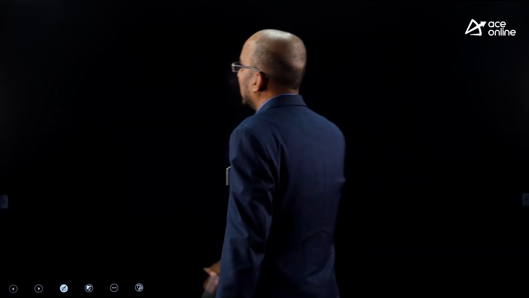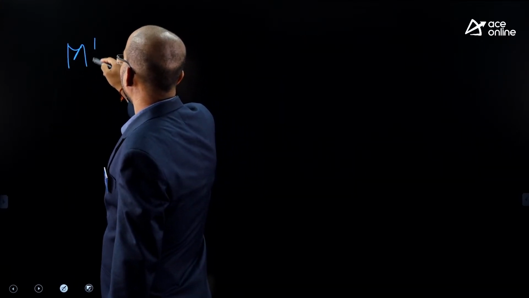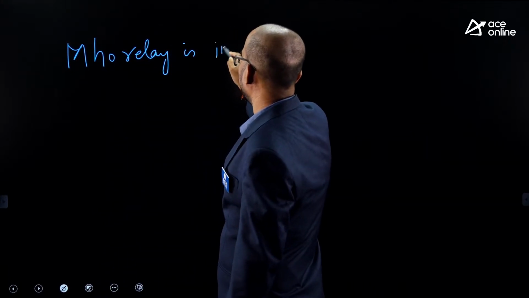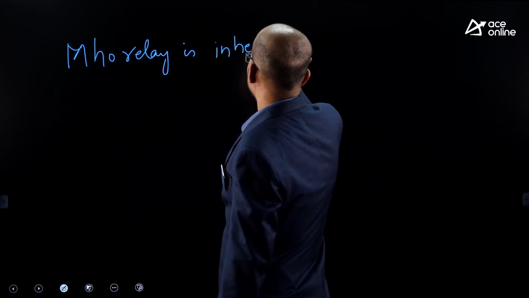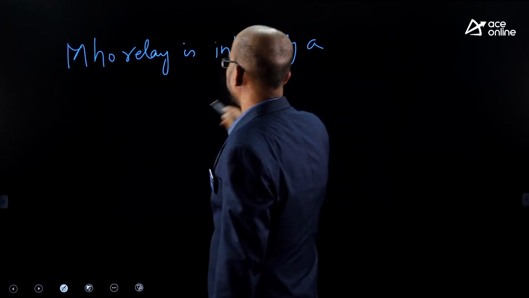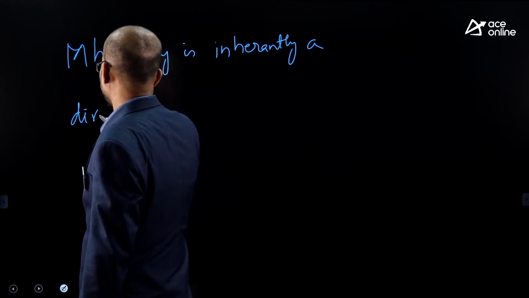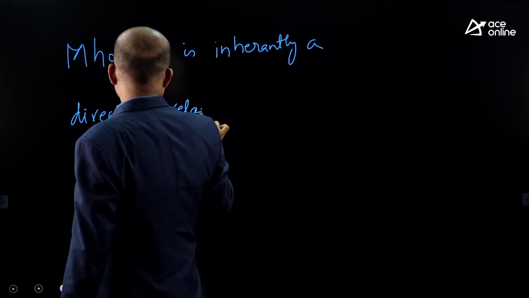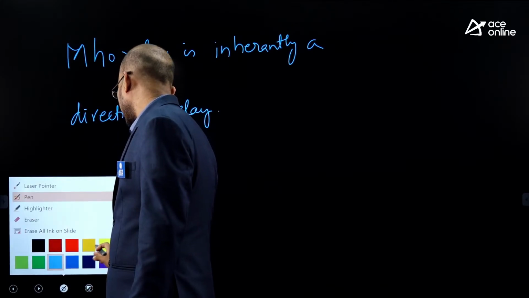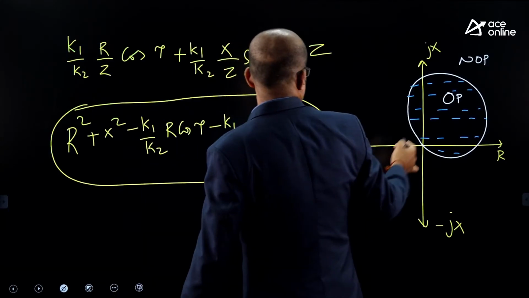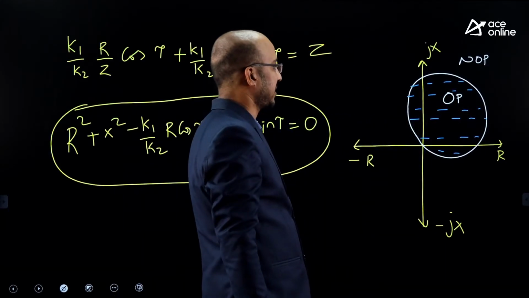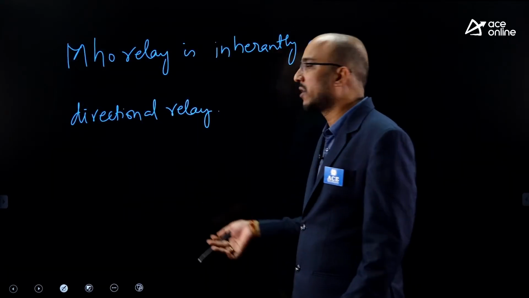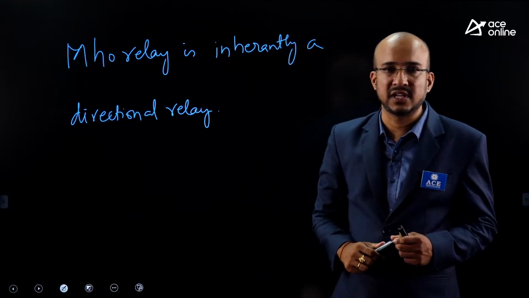Mho relay is inherently a directional relay because it has only the characteristic of operation in the first quadrant. Third quadrant operation is not there. So Mho relay is inherently a directional relay.